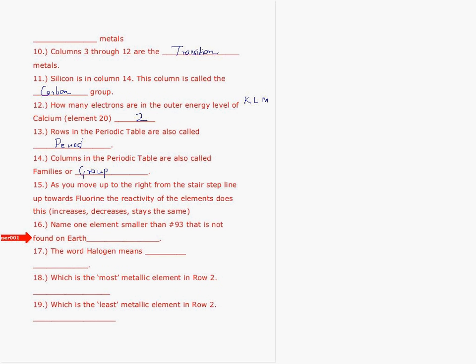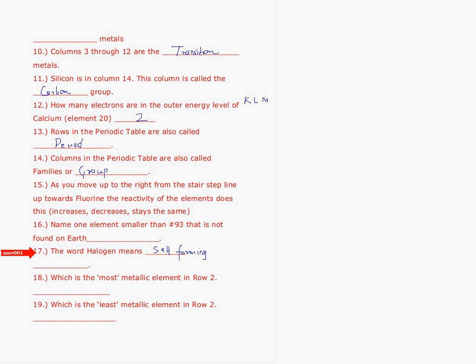Okay, great. The halogens are the group 7 elements. So what does halogen mean? Halo is the word for salt, so these are salt-forming elements.